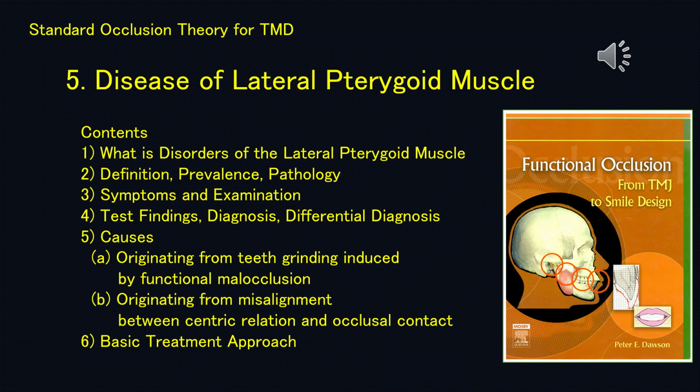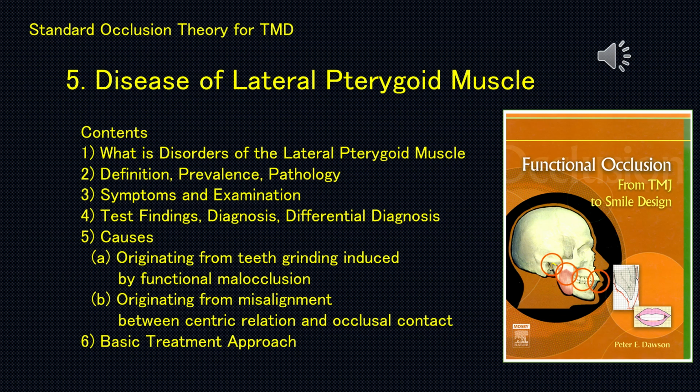Standard occlusion theory for TMD. 5. Disease of lateral pterygoid muscle. Contents. 1. What is disorders of the lateral pterygoid muscle? 2. Definition, prevalence, pathology. 3. Symptoms and examination. 4.